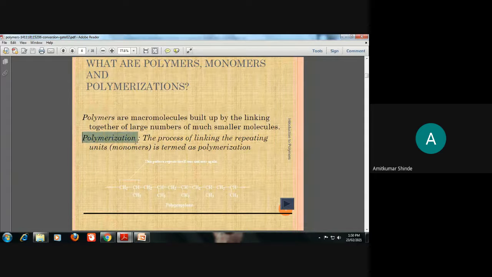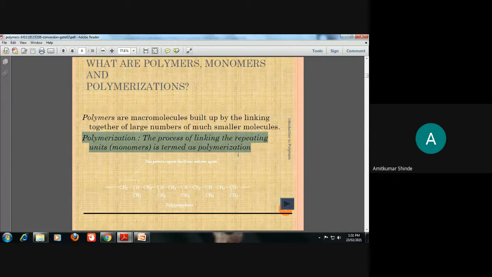Here you can clearly see this point. Polymerization is the process of linking the repeating units, that are termed monomers. The process in which a number of repeating units, termed monomers, get linked to each other is termed polymerization.